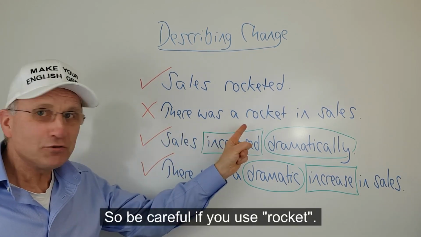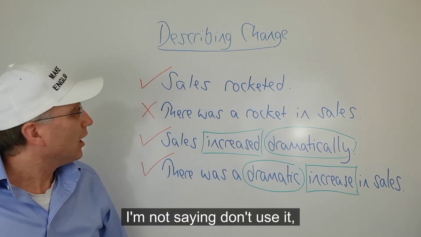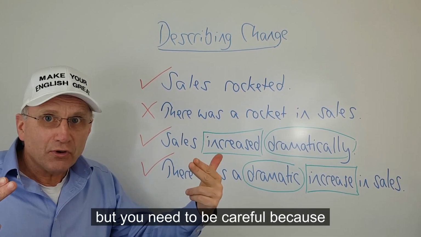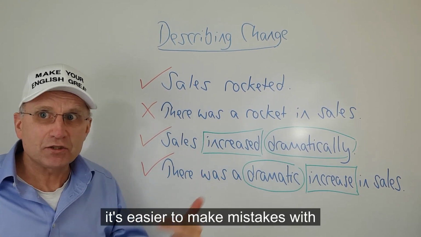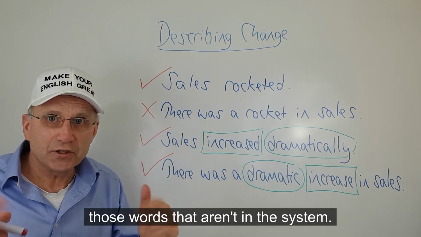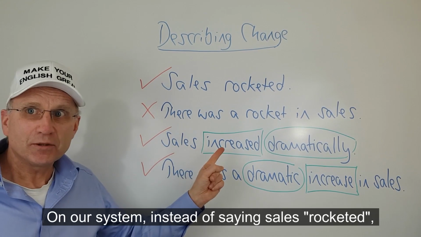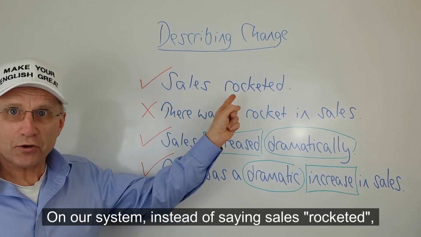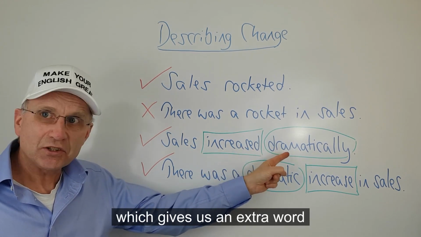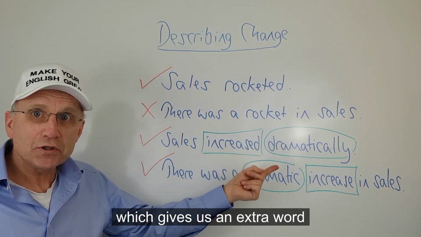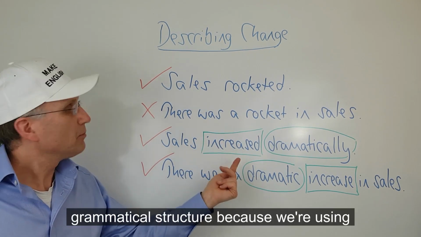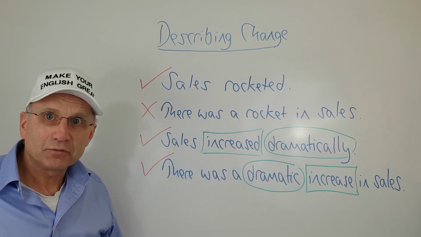So be careful if you use rocket. I'm not saying don't use it, but you need to be careful because it's easier to make mistakes with those words that aren't in the system. On our system, instead of saying sales rocketed, we could say sales increased dramatically, which gives us an extra word and is also a more sophisticated grammatical structure because we're using the verb with an adverb correctly.